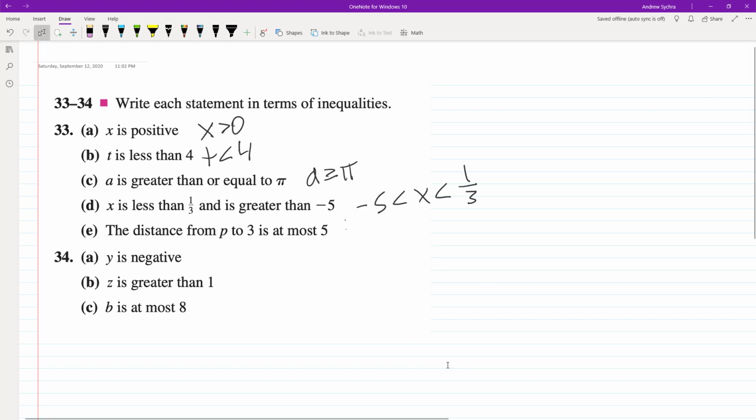You have to be a little careful here because it's an absolute magnitude. It's going to be the absolute value of P minus 3 is at most, so less than or equal to 5. So it can't be more, but it can be 5. So less than or equal to. Y is negative. Y is less than 0.